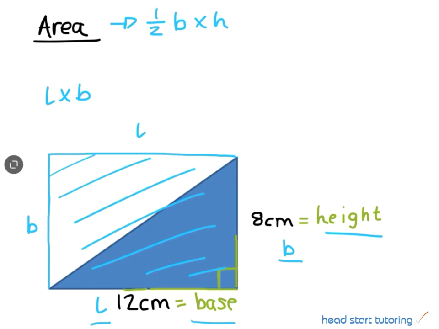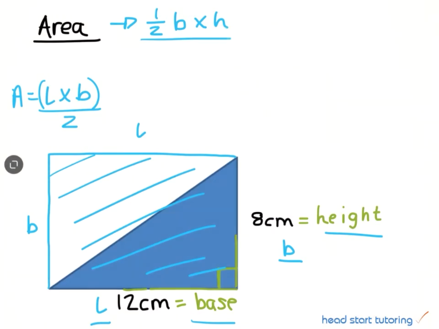And you will end up with the same answer as if you use half base times height. So if we use area equals length times breadth and then divide that by 2, we will get the same answer as if we use half the base times the height. Right, so let's use both of these formulae.